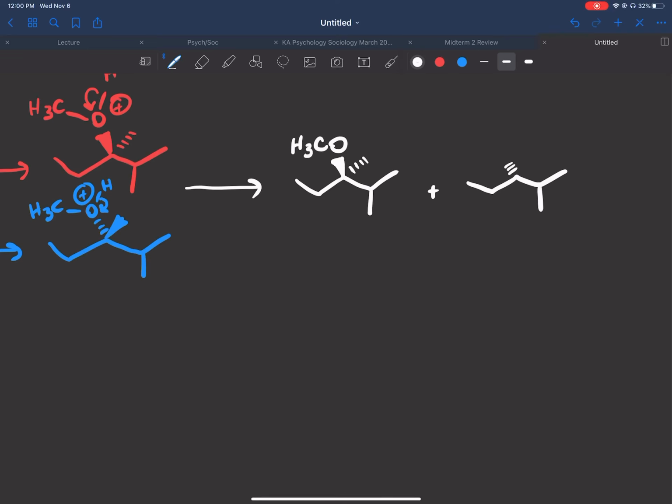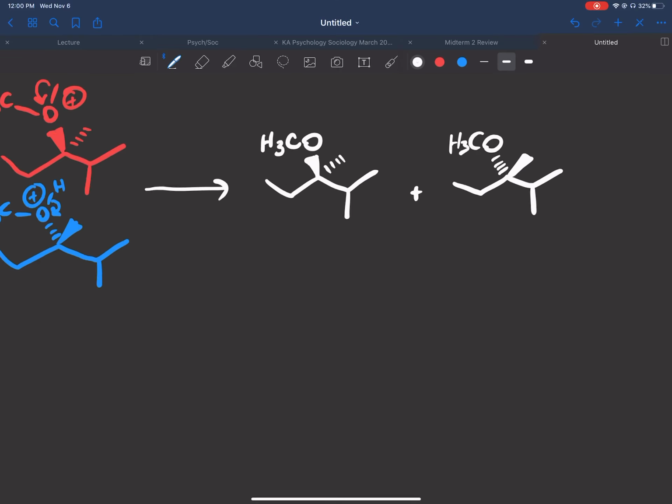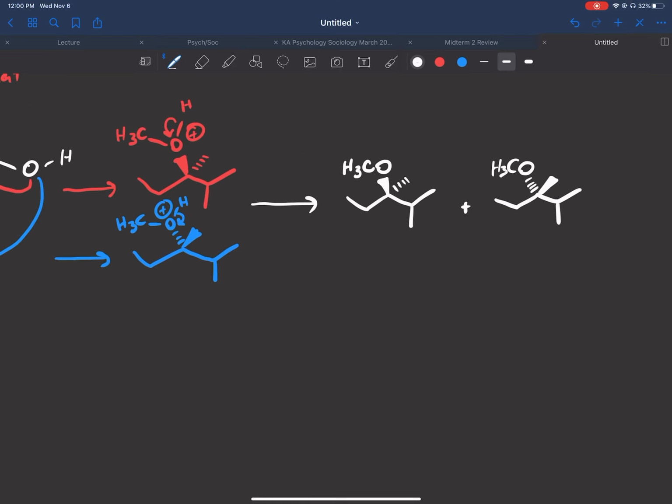So we have, this is dashed, OCH3, wedge methyl. Right? These are not the same. We could have assigned R and S to see that these are definitely opposite. They're enantiomers. Right? So we get a mixture here.